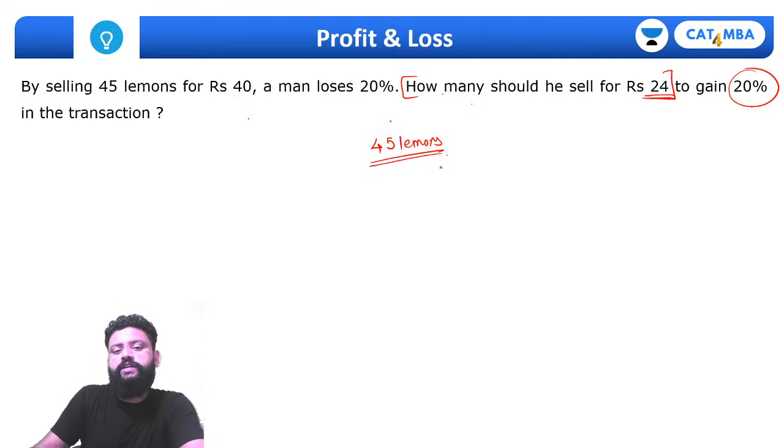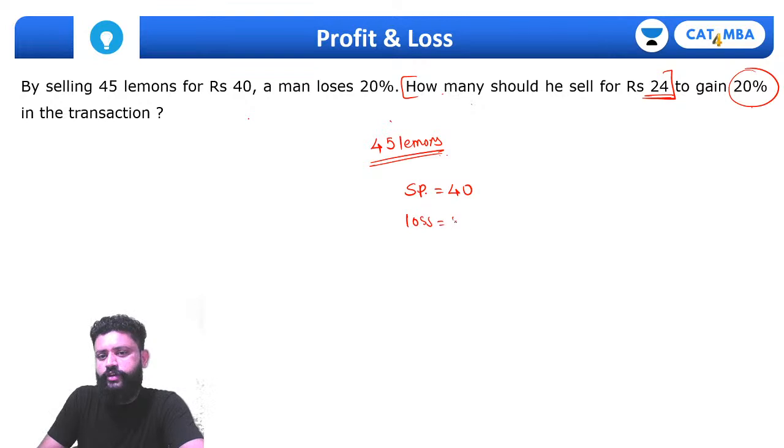Okay, and for 45 lemons, the selling price is 40 and there is a loss of 20%.